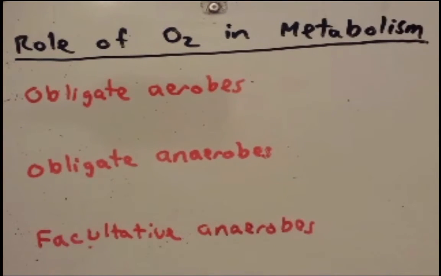In thinking about these three terms, we need to think about the role oxygen has in their metabolisms. So some species are obligate aerobes, some are obligate anaerobes, and some are facultative anaerobes.